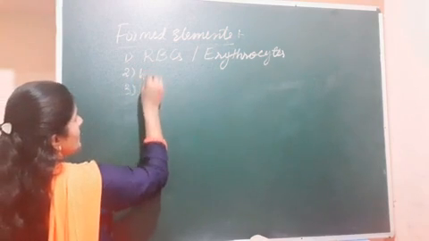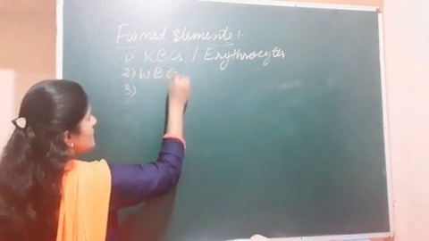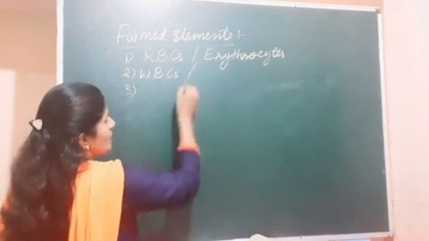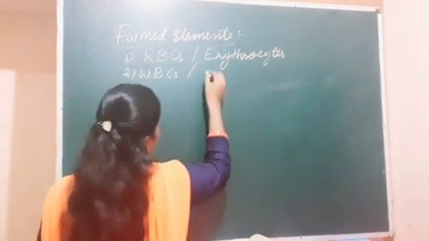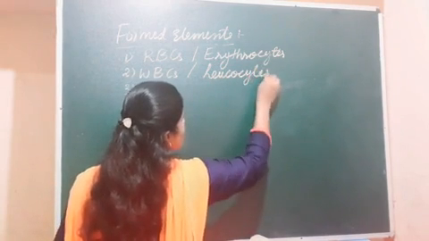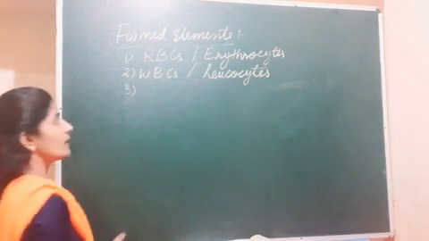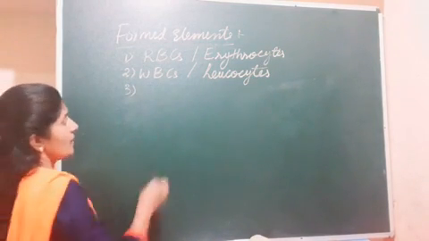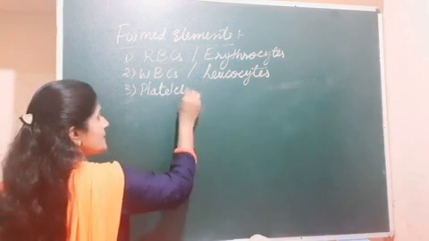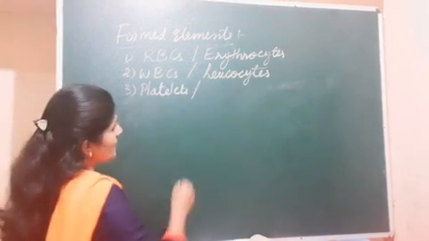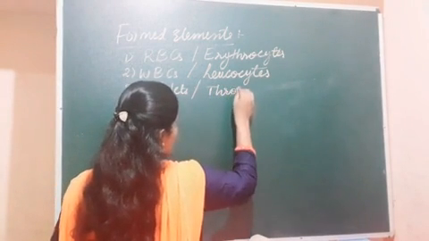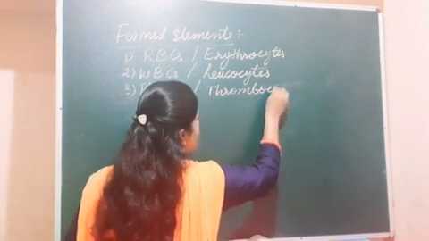And the second type is WBCs, white blood corpuscles. These are also called leukocytes. Leukos means colorless, cytes means cells. The third one is platelets, and the other name for them is thrombocytes.